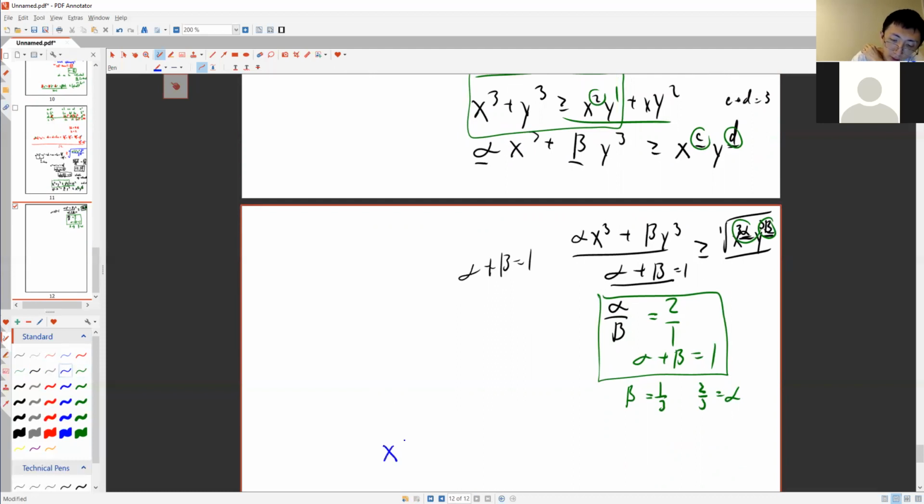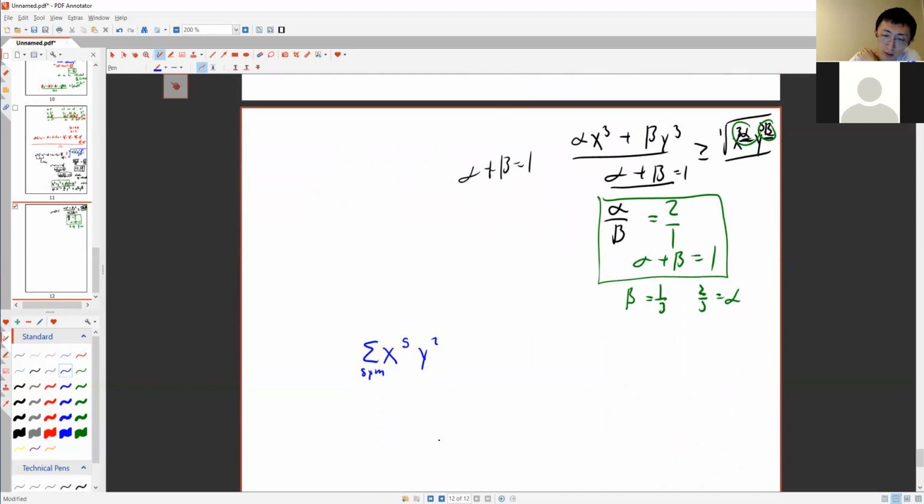Like maybe we have x to the 5th y squared, symmetric sum over 3 variables, right? I think it would be very similar. So let's just change the numbers so that they're small, x squared y. So maybe this is greater than or equal to, similar to something we had earlier, let's say 4/3.